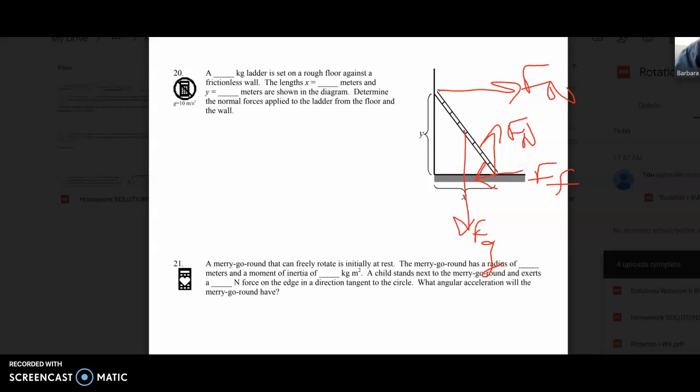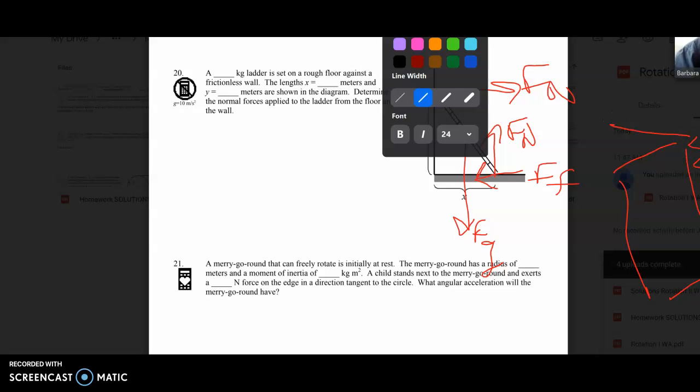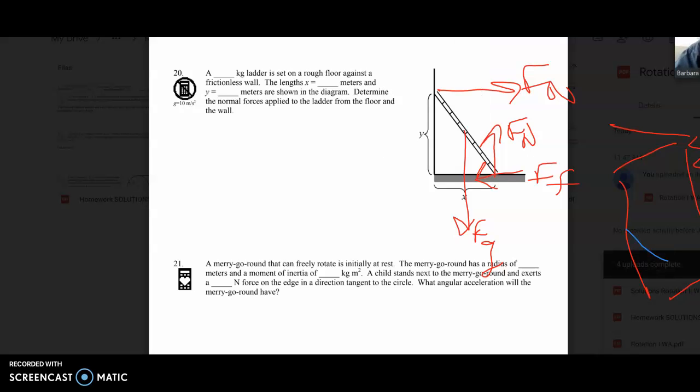a torque, right? So if I have a door and it's got a hinge here, if I push here, at some R from the hinge with my force, then I have a nice torque.